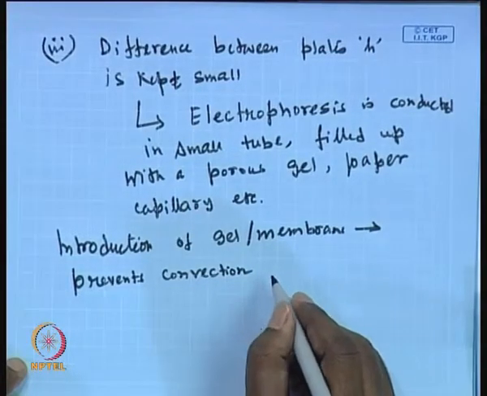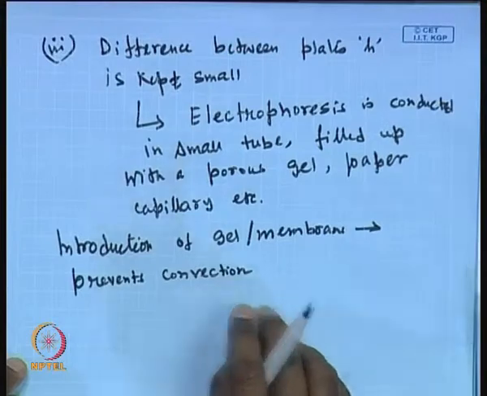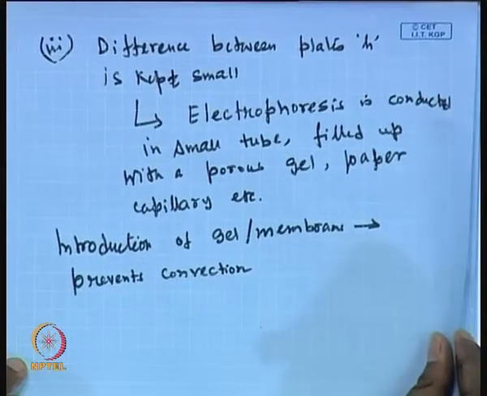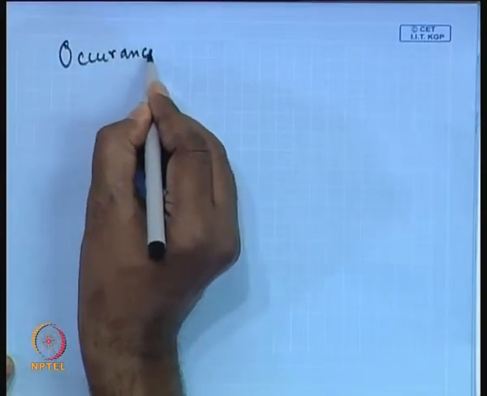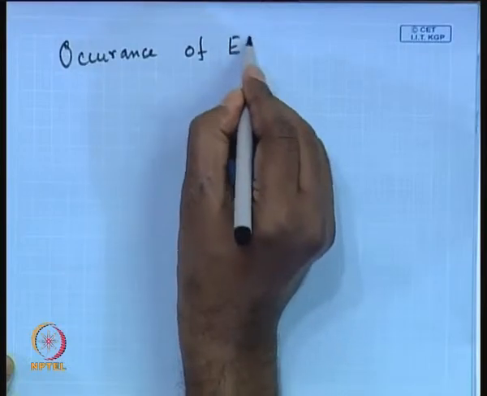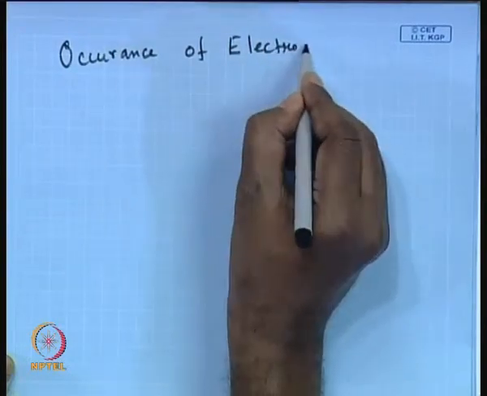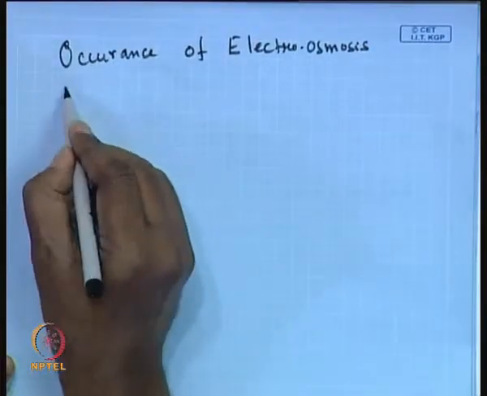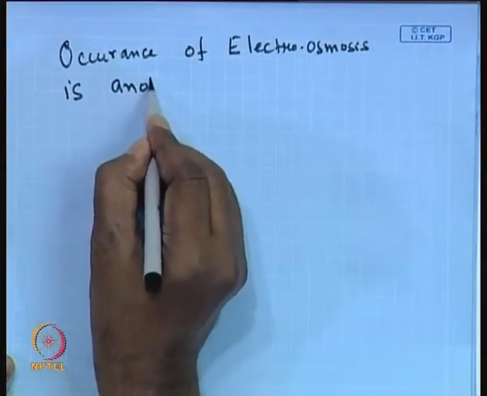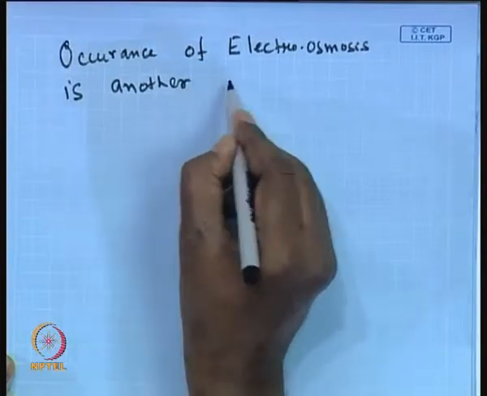Okay. Now, second complication that occurs in the case of electrophoresis is occurrence of electroosmosis. Occurrence of electroosmosis is another complicating factor.